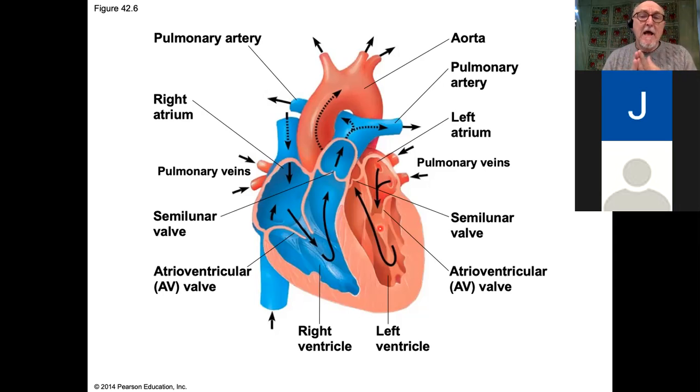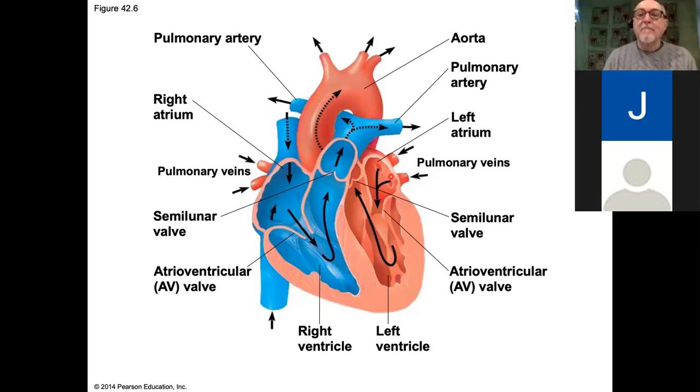It has to resist a tremendous amount of pressure when this ventricle contracts. All of this blood needs to be driven out to the rest of the body, and it goes out through the aorta there.